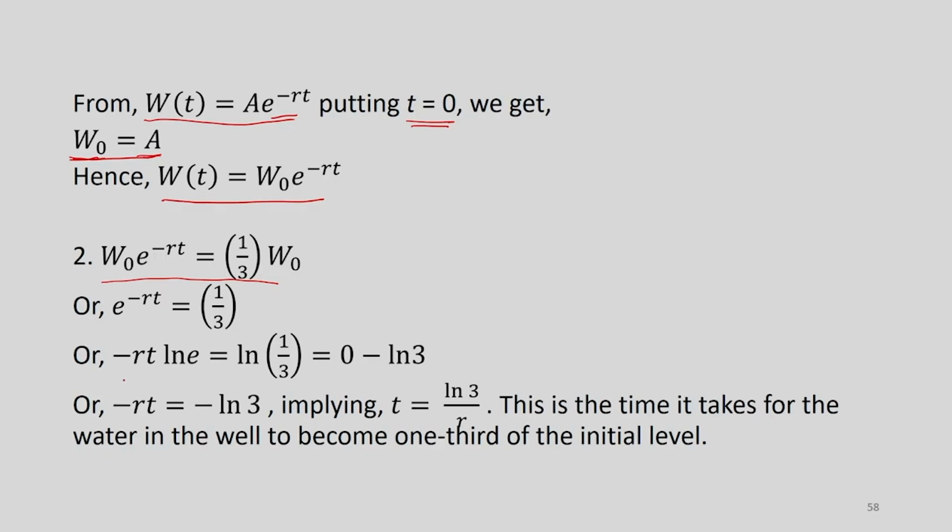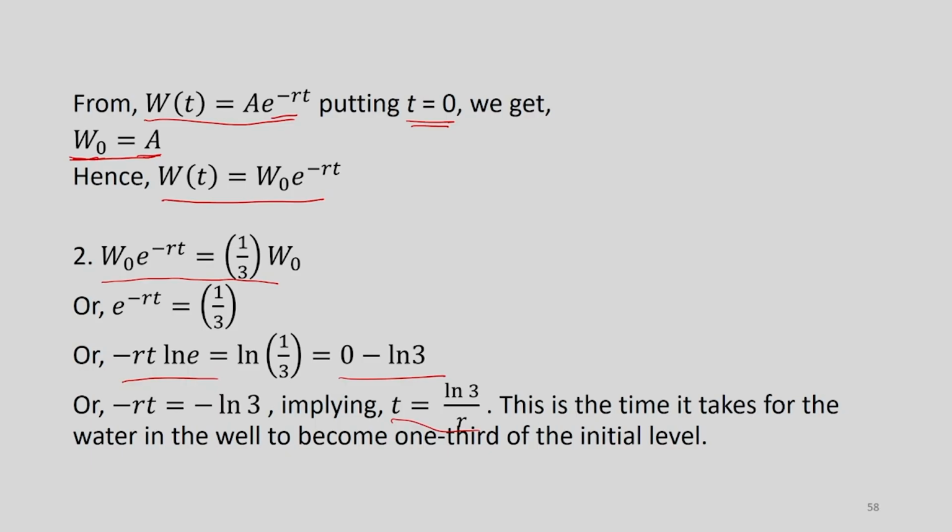I can take the log of both sides. So I get minus Rt log of e is equal to log of 1/3. What is log of 1/3? It is log of 1 minus log of 3, so it becomes minus log of 3. On the left hand side I just have minus Rt, on the right hand side I have minus log 3, and that means t is equal to log of 3 divided by R. So this is the time.